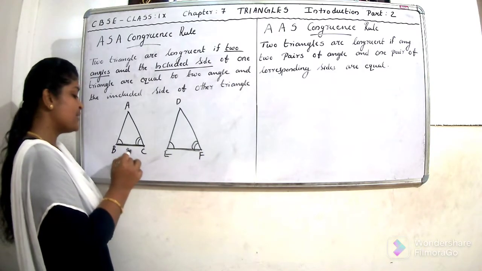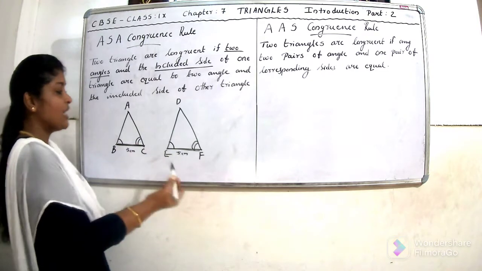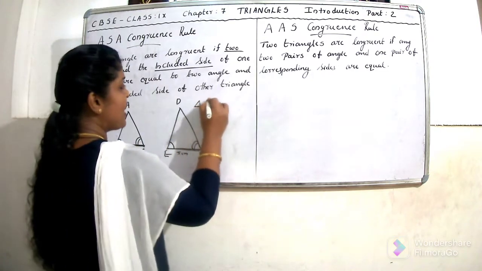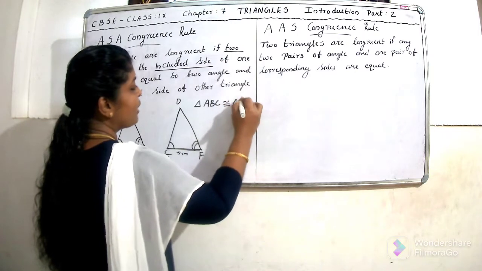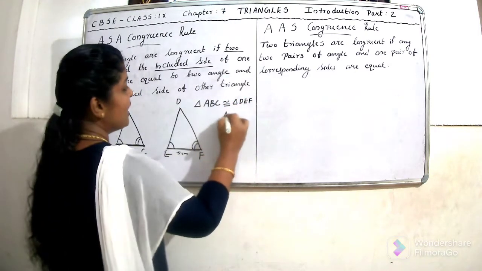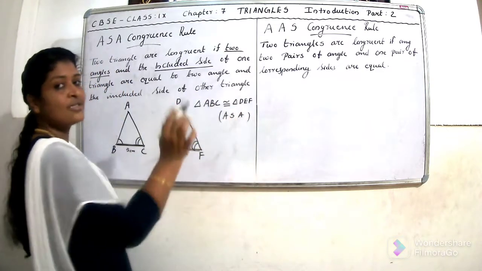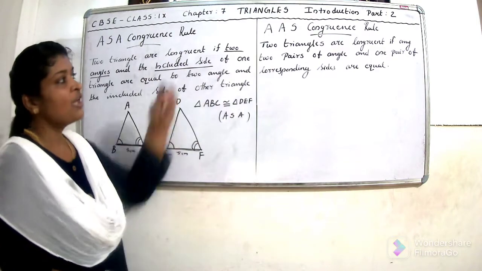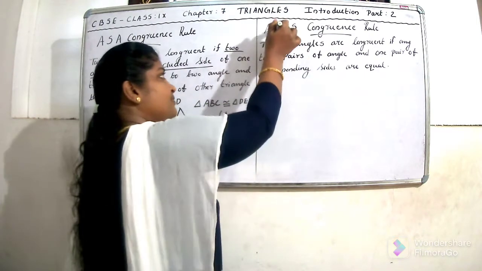Suppose this is 5 centimeter and this is also 5 centimeter. So we can say triangle ABC is congruent to triangle DEF by which criteria? ASA congruency rule. By this they are congruent.